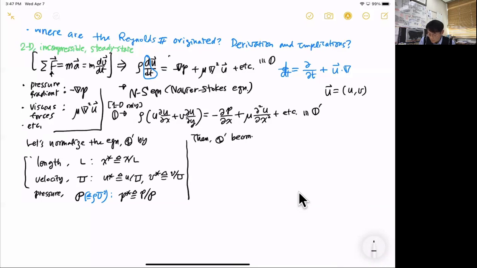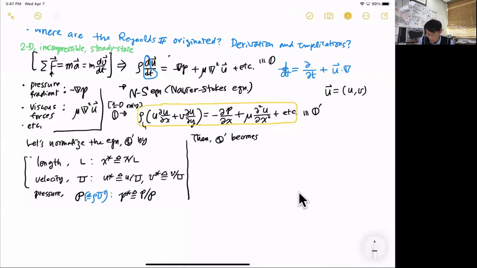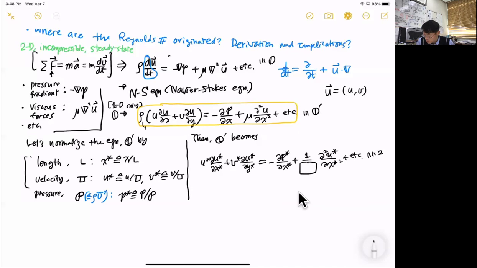Equation 1 prime becomes, after rearranging and simplifying, u star ∂u star/∂x star plus v star ∂u star/∂y star equals the pressure gradient, because rho can be absorbed, ∂P star/∂x star, plus 1 over all the parameters that get in here, times ∂²u star/∂x star squared, etc. We define this as equation 2.